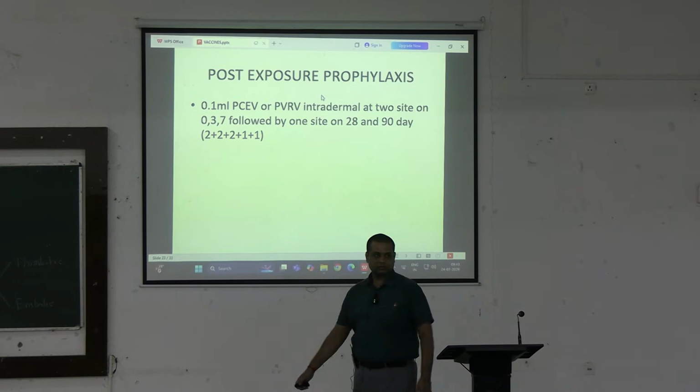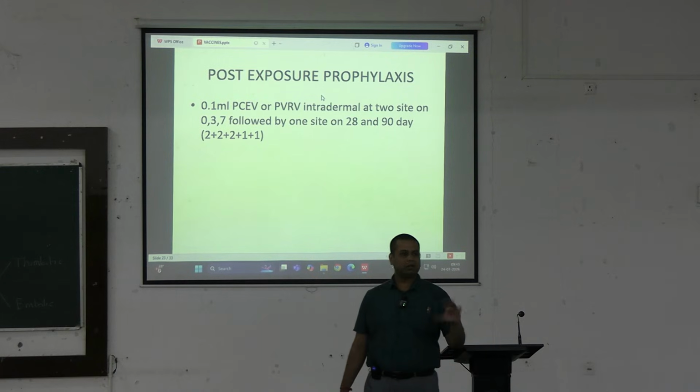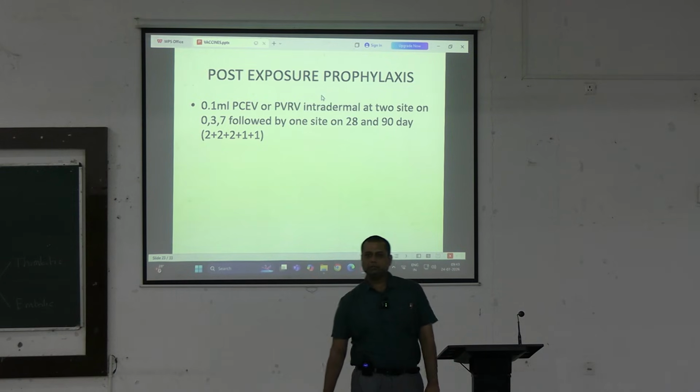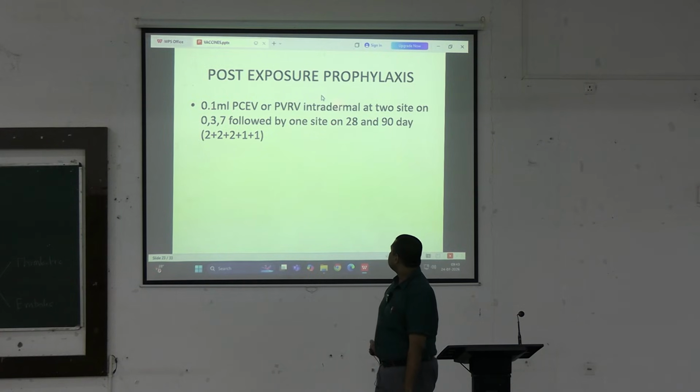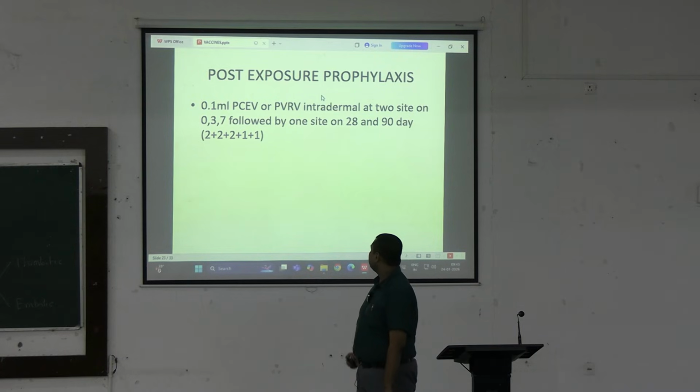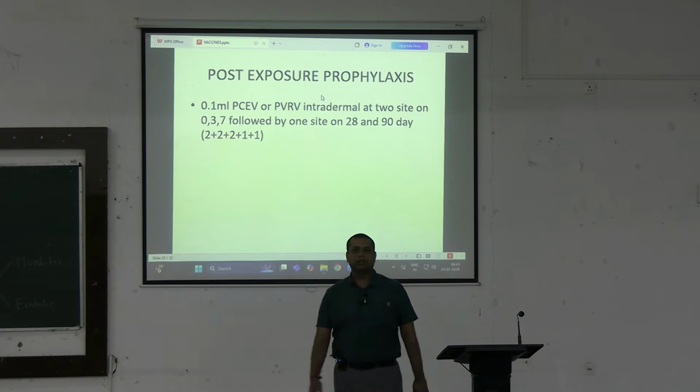Post-exposure prophylaxis. When a dog or any rabid animal has bitten you, what is given? 0.1 ml intradermally at 2 sites on days 0, 3 and 7, followed by 1 site on days 28 and 90.